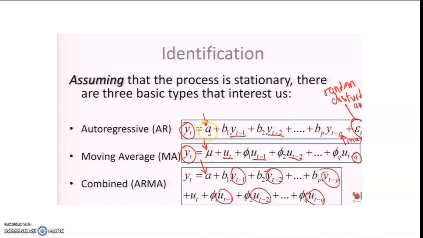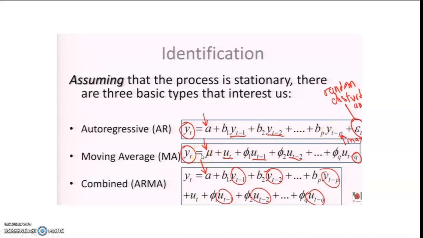So yt is equal to a plus b1 yt-1 plus b2 yt-2 up to bp yt-p plus epsilon t, where epsilon t is the random disturbance term, a is the constant, and yt-1 is the lag 1, this is lag 2, and this is the pth lag.